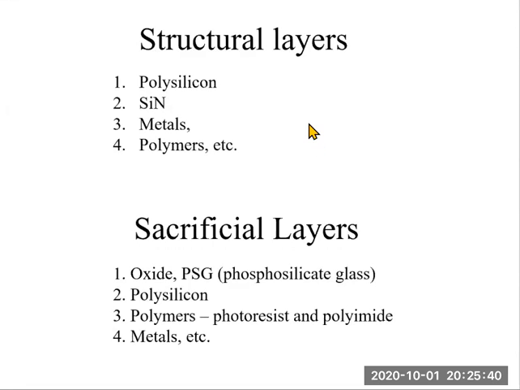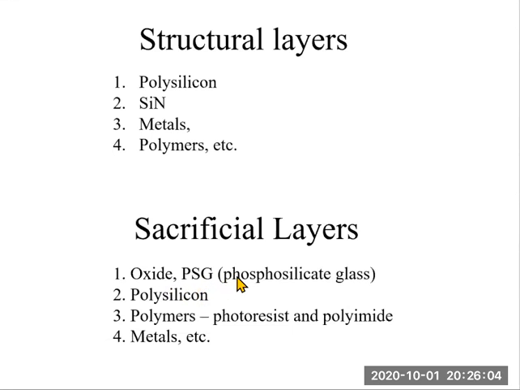As I just mentioned, there are two types of thin film layers in surface micromachining: structural layers and sacrificial layers. The structural layers can be polysilicon, silicon nitride, metals, polymers, and the sacrificial layer can be made of oxide, PSG.